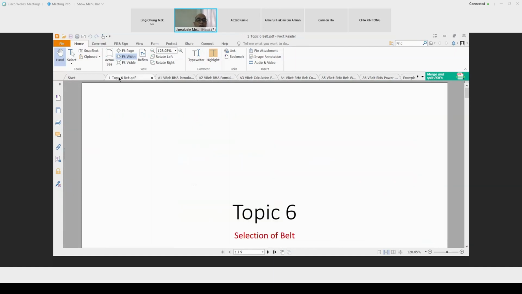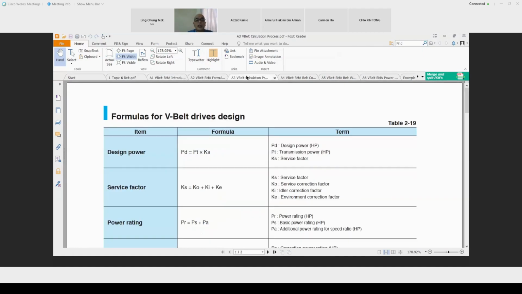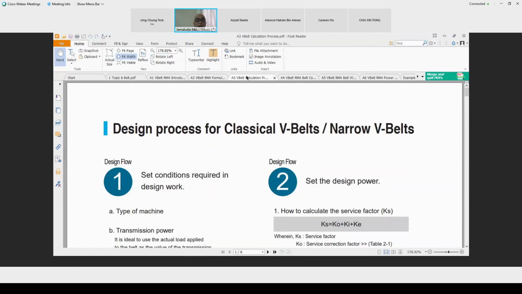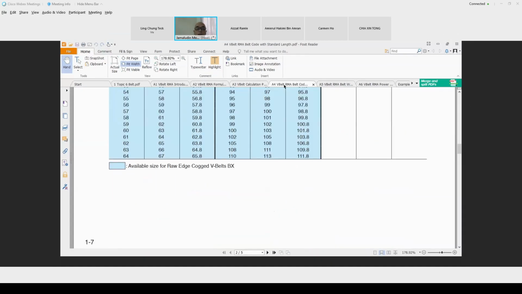This is going to be the formula, because we are using the belts that are available in the market. Therefore, these are all the other ones from A1, A2 formulas, the A3 method, the design process to select the V belts.